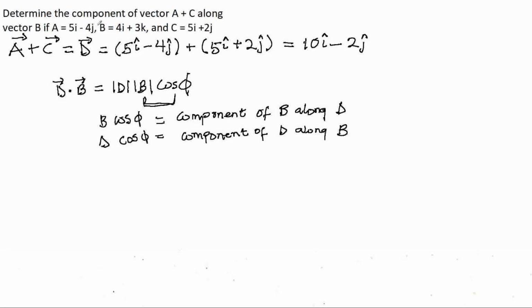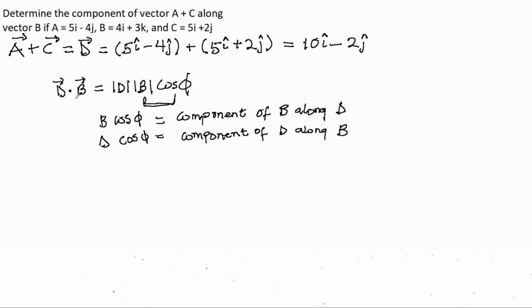It says we should determine the component of vector A plus C along vector B, and vector A plus C is D. So you want to find the component of D along B, which is D cos phi. So we have to make D cosine of phi the subject of this equation.